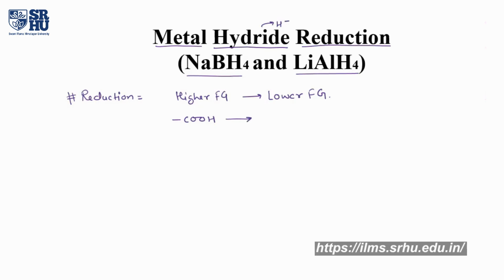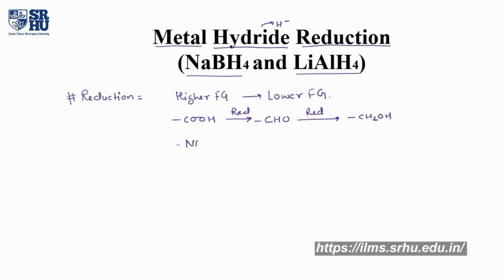When it is converted into aldehyde, which is a lower functional group, we call this process reduction. In a similar way, if this aldehyde group is converted to alcoholic group, which is a lower functional group, it is also called reduction.